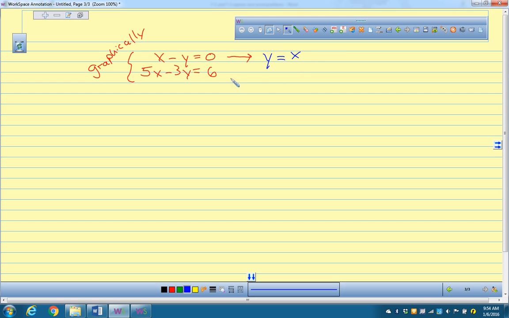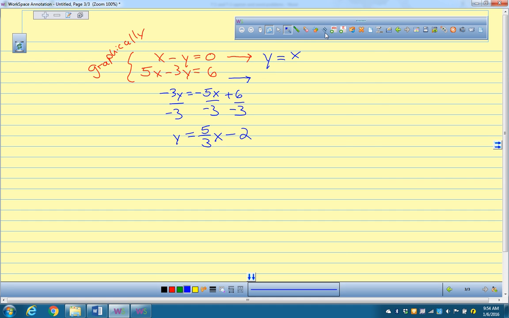And if I change this into slope-intercept form, I get 3y equals negative 5x plus 6. And then I divide both sides by negative 3. And that turns this into y equals 5/3 x minus 2.